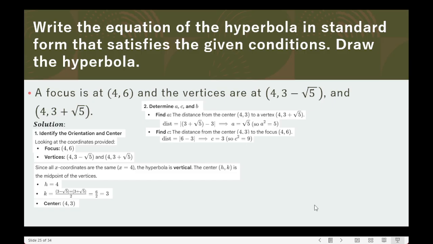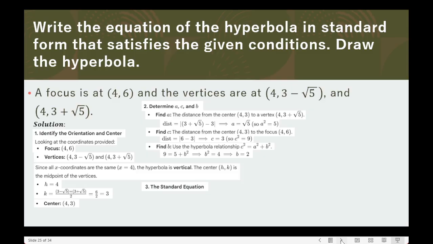So c squared equals 9. To find b, we use the hyperbola relationship, c squared is equal to a squared plus b squared. Substitute the values of c and a to this equation so that we can solve for b squared. At this point, b squared equals 4, and therefore b is equal to 2. You just get the square root of both sides.